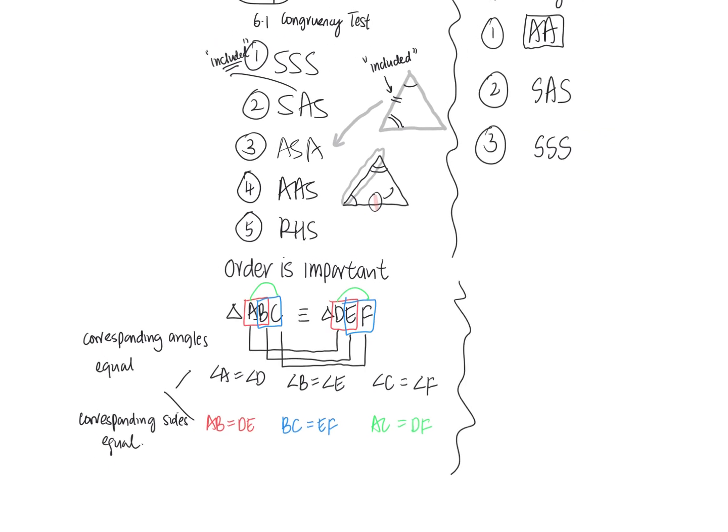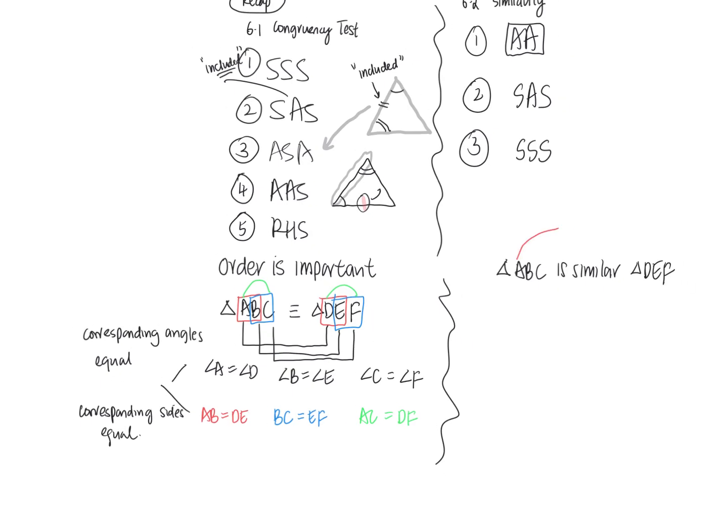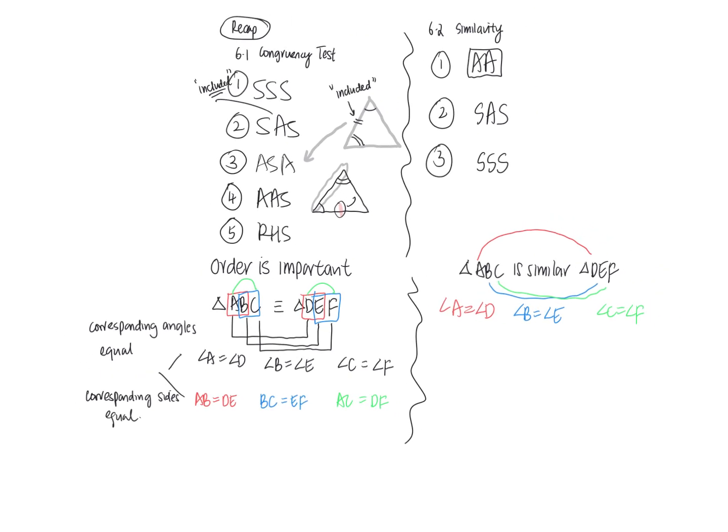Next one is similarity. If I tell you ABC is similar to DEF, then I'm telling you that same thing, this angle is equal to this angle. This is equal to this. Okay, and then the last one, angle C is equal to angle F. So I'm telling you they have equal corresponding angles, but the next thing we compare is the ratio of the corresponding sides.